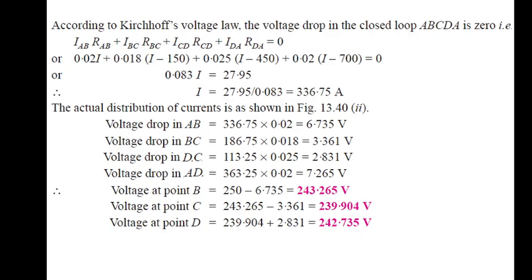This slide applies KVL to the ring distributor shown previously in order to determine the unknown current I. According to KVL, the sum of voltage drops around the closed loop A, B, C, D, A must be zero. So this is KVL.